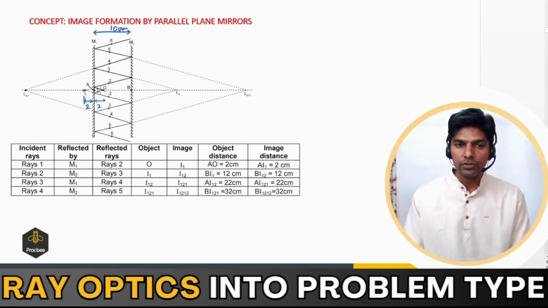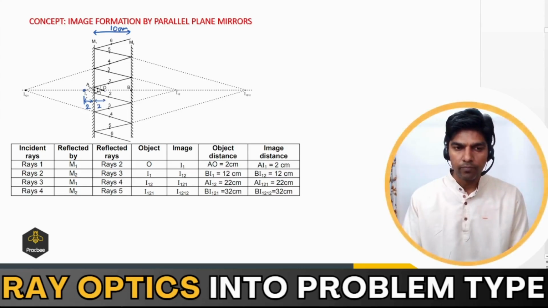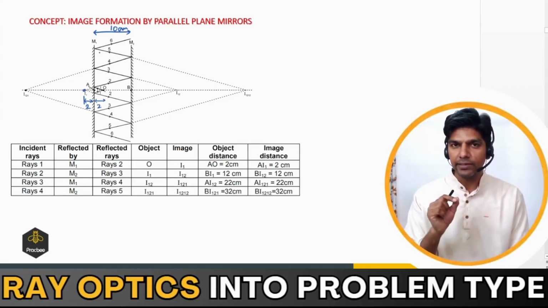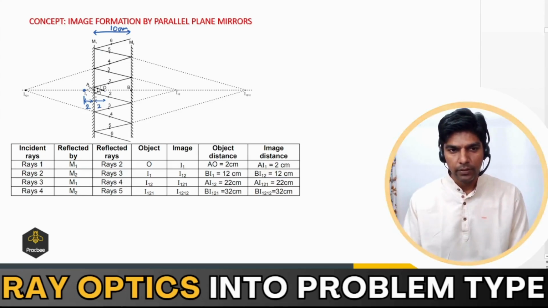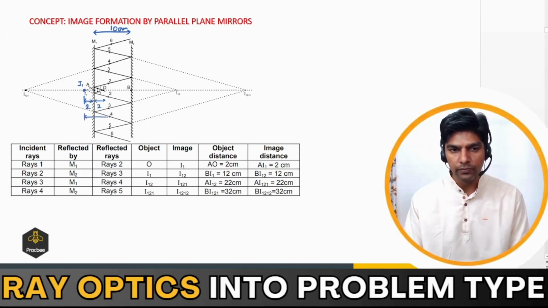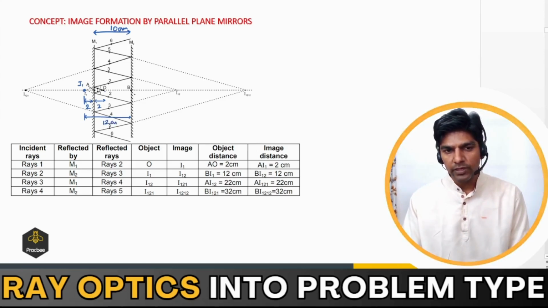Now this image by mirror 1 will act as the object for the second mirror. Now the object is placed at a distance of 10 plus 2, 12 centimeters. So the image will be formed 12 centimeter behind the mirror.